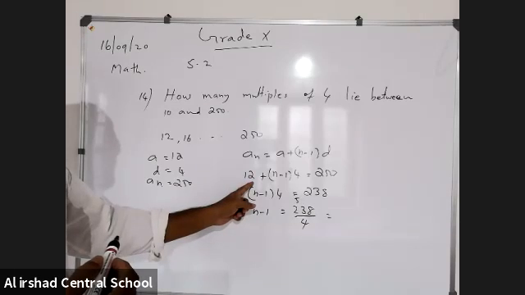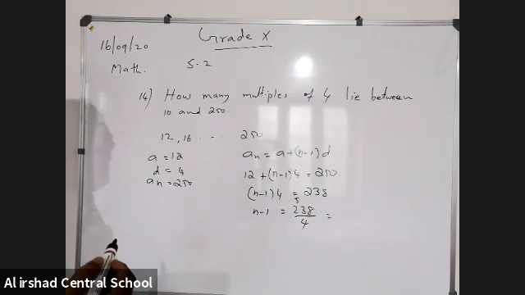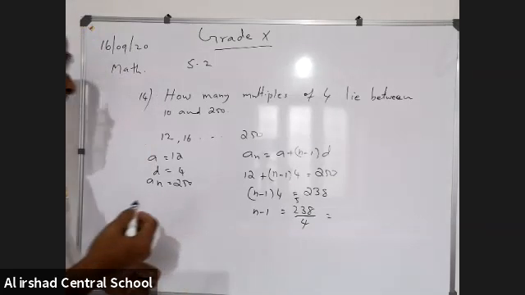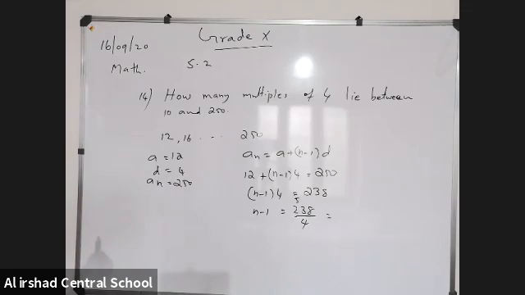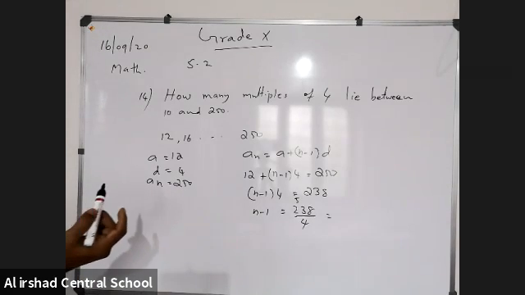Now, is the 248 correct? Yes. 248 is the multiple of 4, and 248 is the last one. Very good, excellent, because 250 is not a multiple of 4. So the last one you have to see is between 250, so not 250.